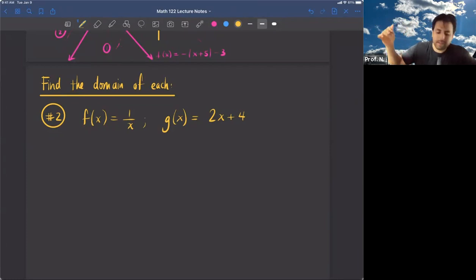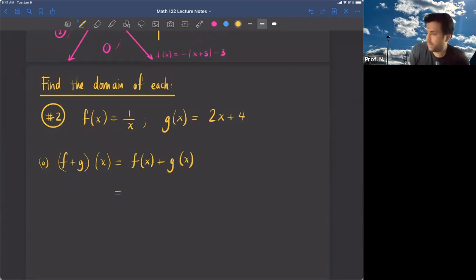So for 1, for example, I want to find f plus g. So I can call this A. F plus g. Well, remember, it's f of x plus g of x. So this is going to be 1 over x plus 2x plus 4. And that's it. That's my function. It's a little weird, but that's what it is.